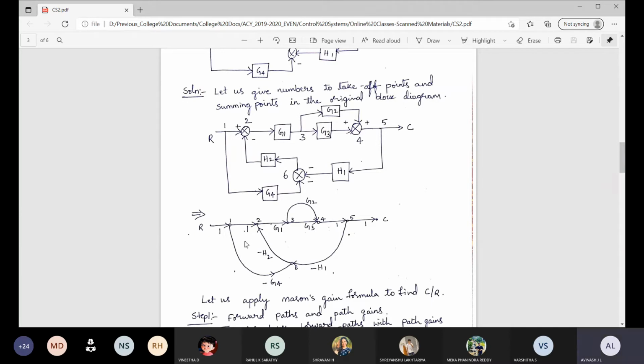So did you find any other paths? No, sir. Can we go like this: 1 into G4, 1 into minus G4 into minus H2 into G1 into G3 into 1 into 1? Can we go like that? Yes, sir, that is another path. I will tell you another path also: 1 into minus G4, minus H2, G1, G2, 1 into 1. Can you go like that also?